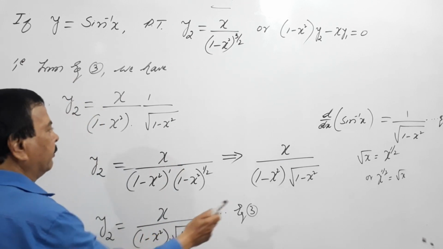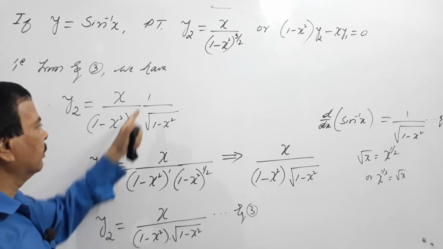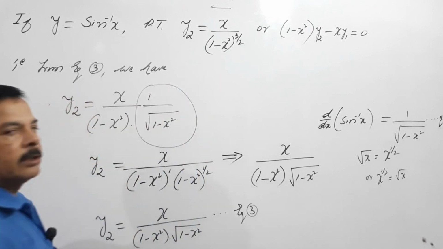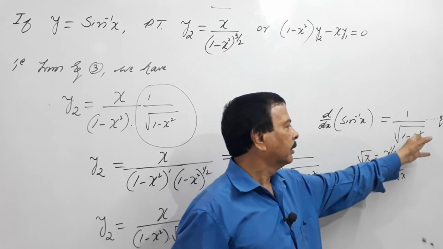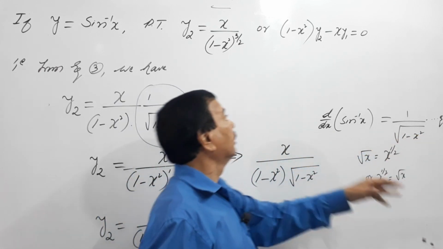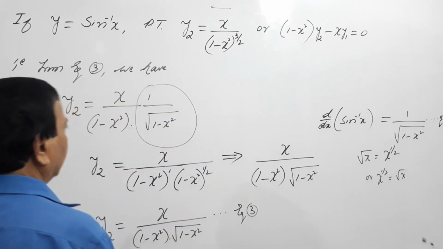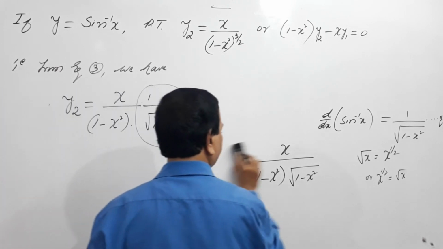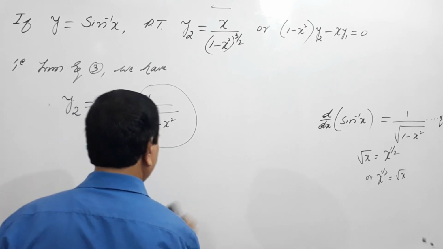I have shifted this. If you remember, if you take LCM you once again get the same thing. But what is this value? That is nothing but our y1, isn't it? d by dx of sin inverse is nothing but this, what we have proved. So this is our y1. I rub this also.